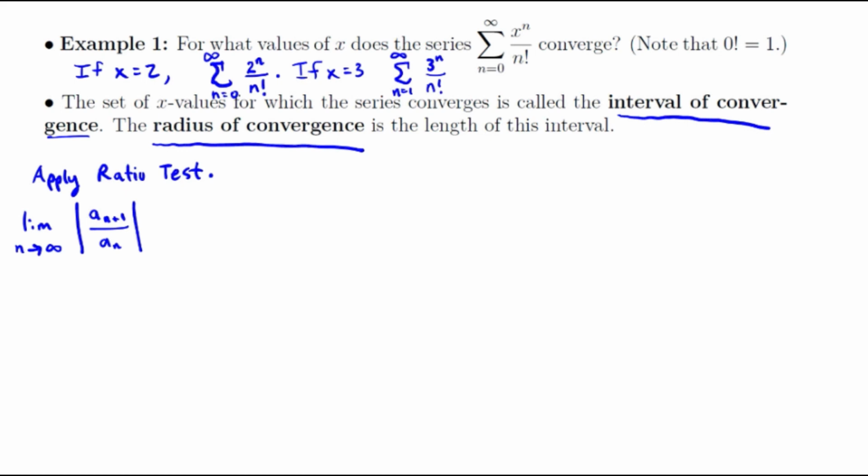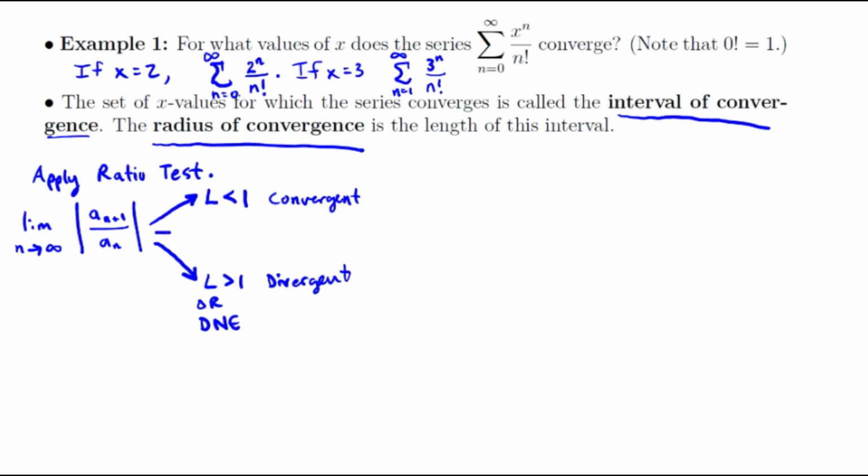And so if that answer exists and is less than 1, then you have convergence. If either it equals L, a limit that's greater than 1, or if it does not exist, remember that's when we have divergence.